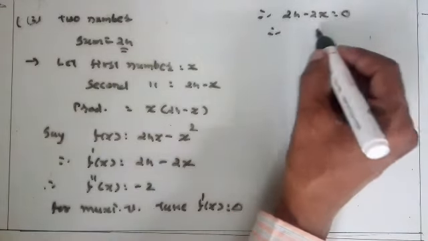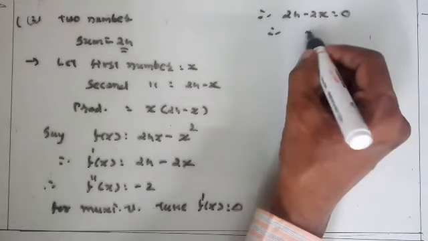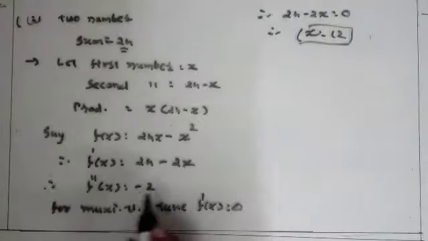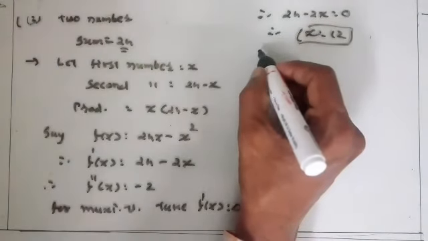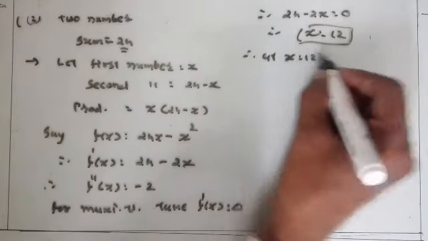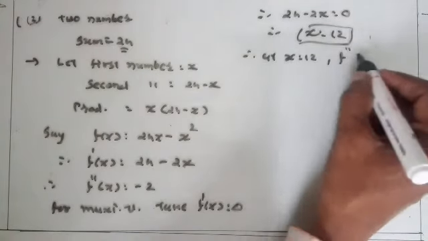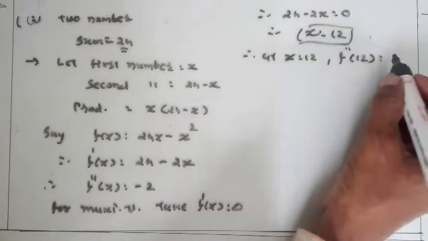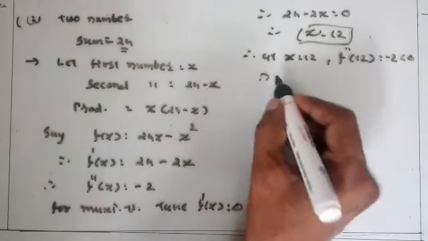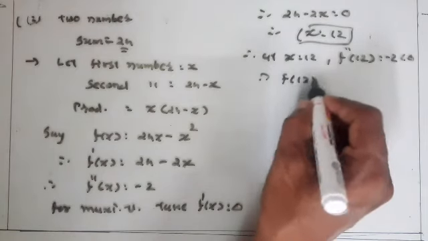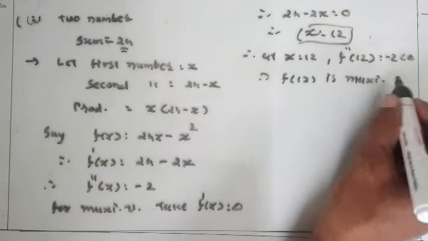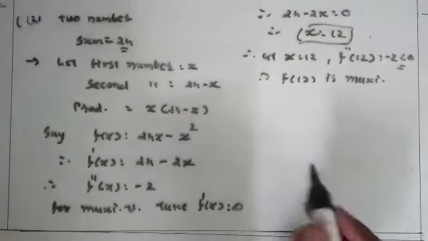So, take 2x this side, divide by 2, we get x is equal to 12. Clear? x is equal to 12, put in the second derivative. Therefore, at x is equal to 12, f''(12) is equal to minus 2, less than 0. Therefore, f(12) is a maximum. Clear? Less than 0, so maximum.